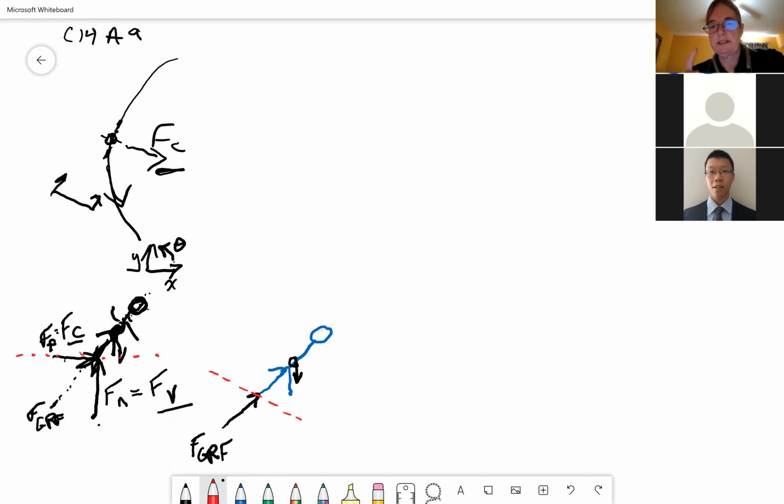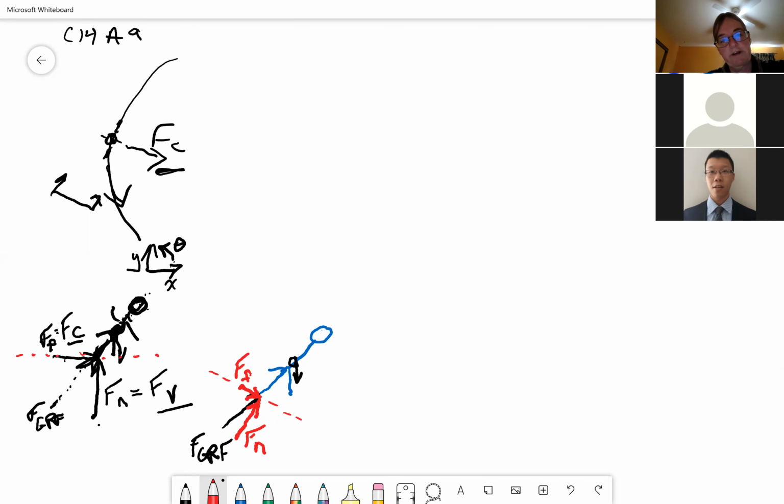Now, the ground reaction force is still going to be the same, but it's now made up of two reactions that look like here and like here. This is the force of friction, and this is the normal force.